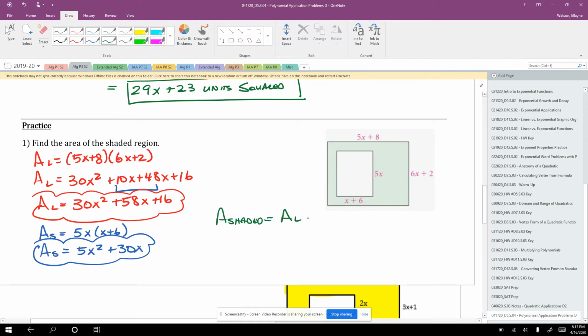So again, area of the large minus area of the small. So 30x squared plus 58x plus 16 minus the quantity 5x squared plus 30x. Please don't forget to distribute that negative.